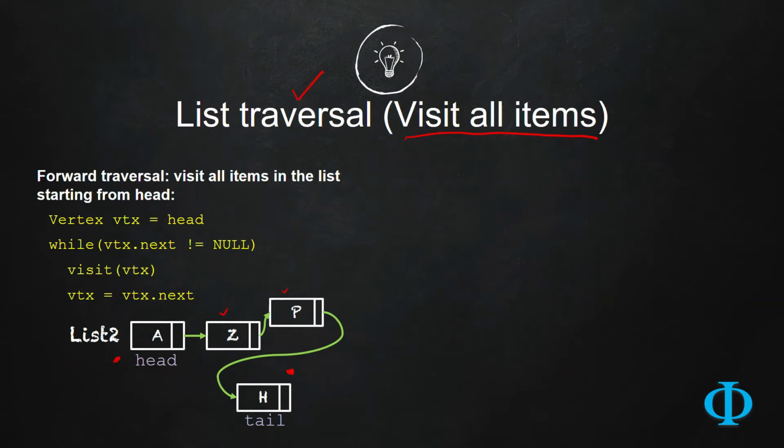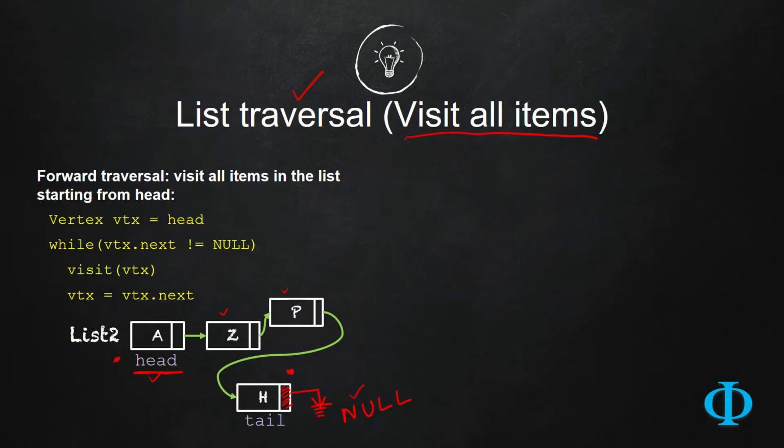Now, from the previous video we have learned that the first node of the linked list can be identified using this head. We have also learned that the last element or the last vertex of the linked list always points to something called null. So now the list traversal problem is, we have to visit all the nodes in between head and null.